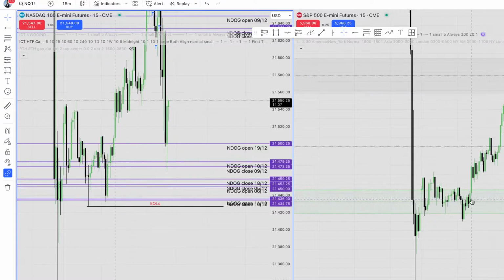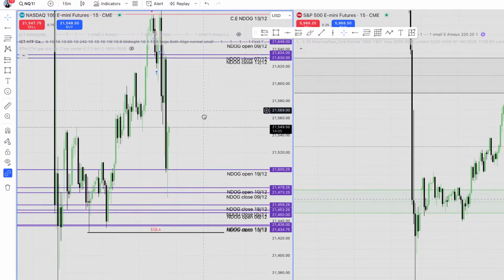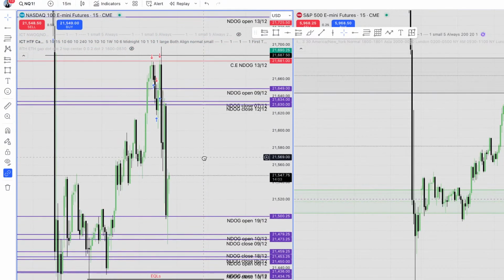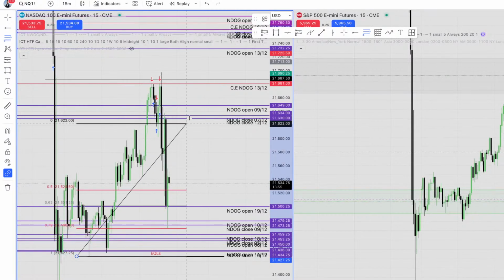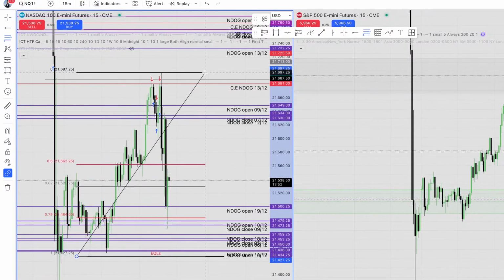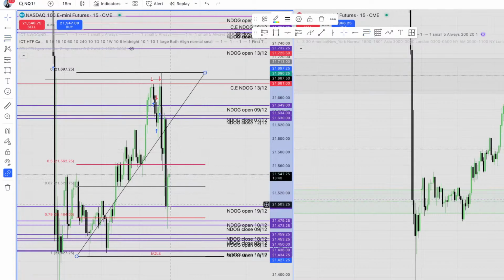So yes, we retraced back. It's very unlikely for the price now to go bullish, because it already violated so many order blocks, inefficiencies. I mean, it went back, yes, here.